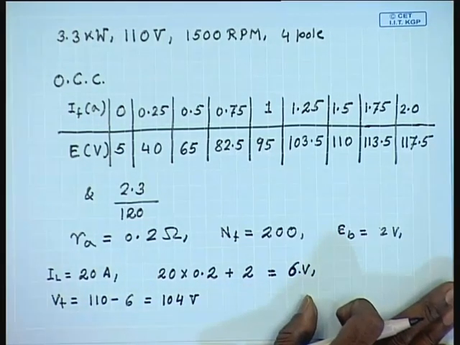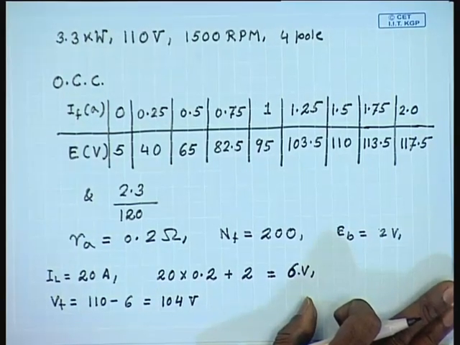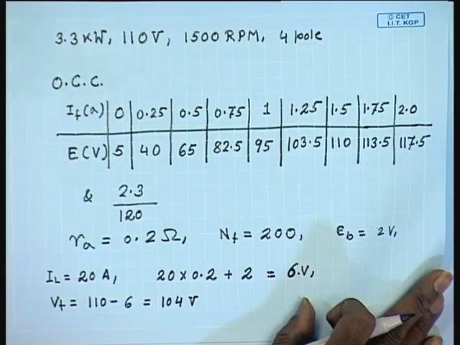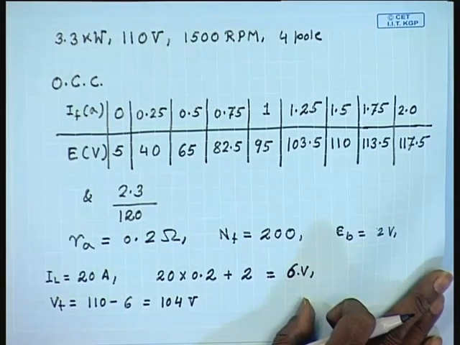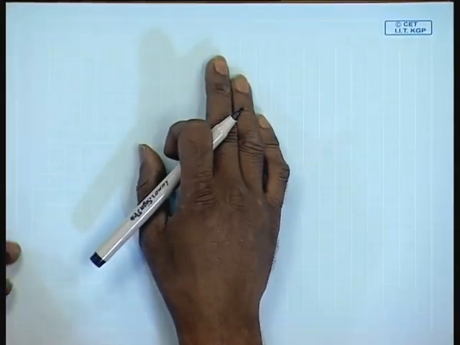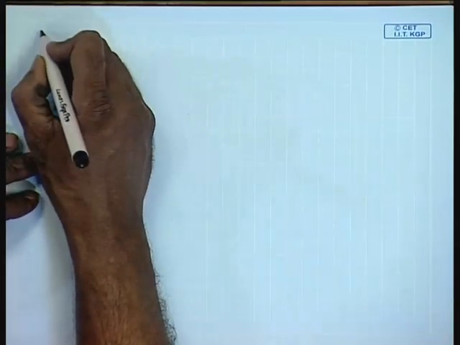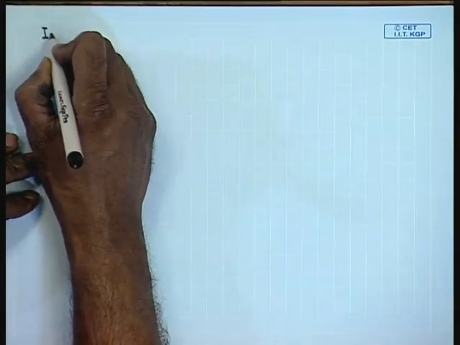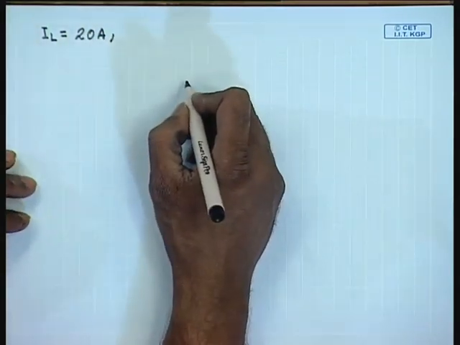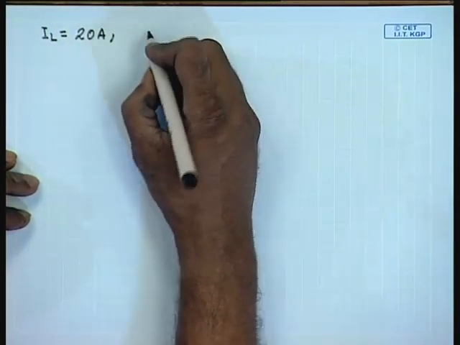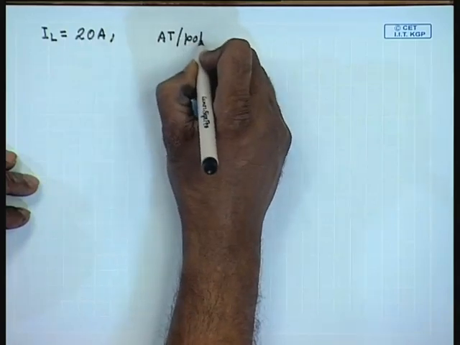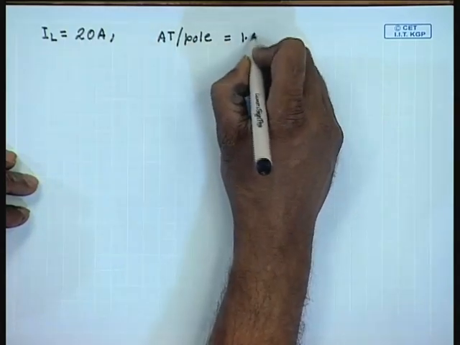But when you take armature reaction into account, then the voltage becomes different. Let us again say a load current of 20 amperes. It is mentioned that demagnetizing ampere turns per pole is 1.5 times the armature current.